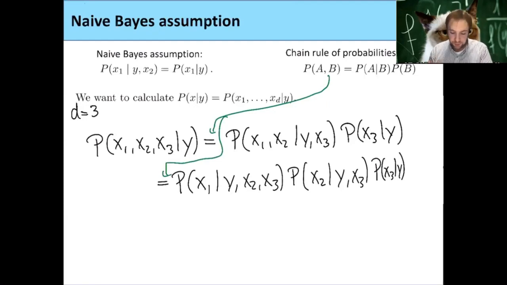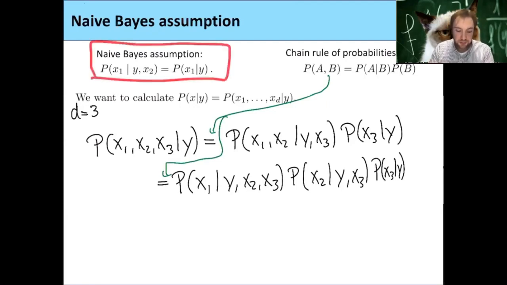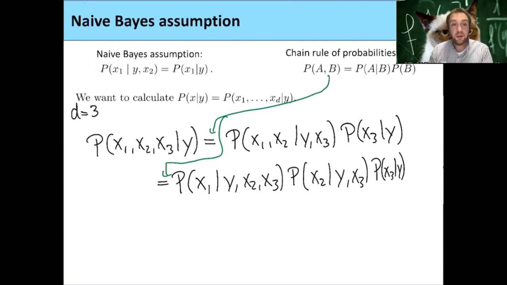But now we have our assumption here that these x's are conditionally independent given y, and therefore we can rewrite this probability and this probability. So here the probability of x1 given y is the same as the probability of x1 given y and x2 and x3, because the probability of these two words being there or not will not influence the probability of this word appearing given this y.